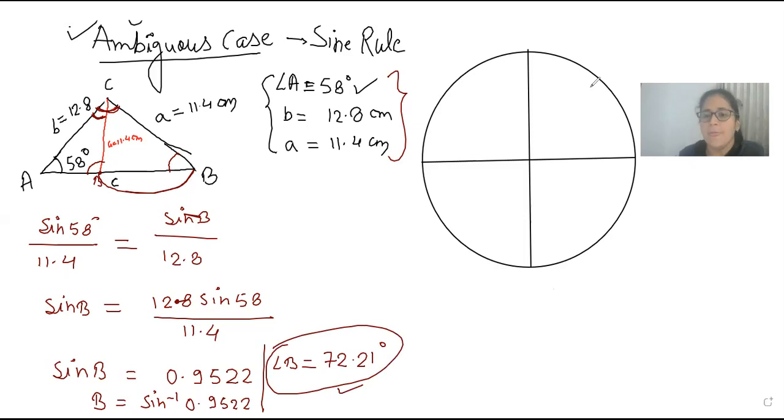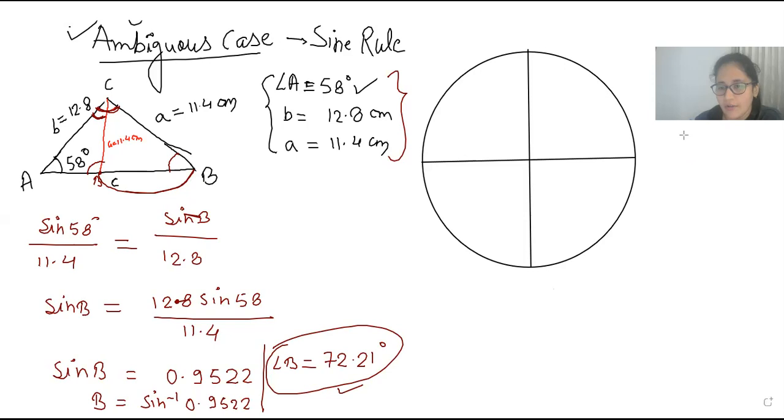Now see here, I already told you, if you have a circle, and the value of sine A is given as 1/2.